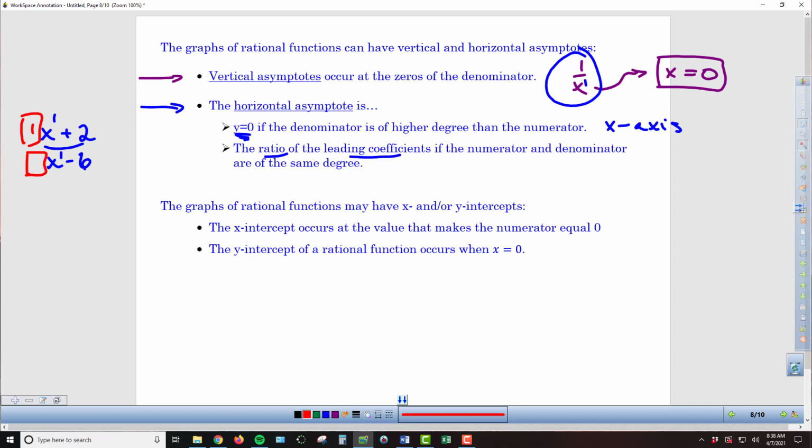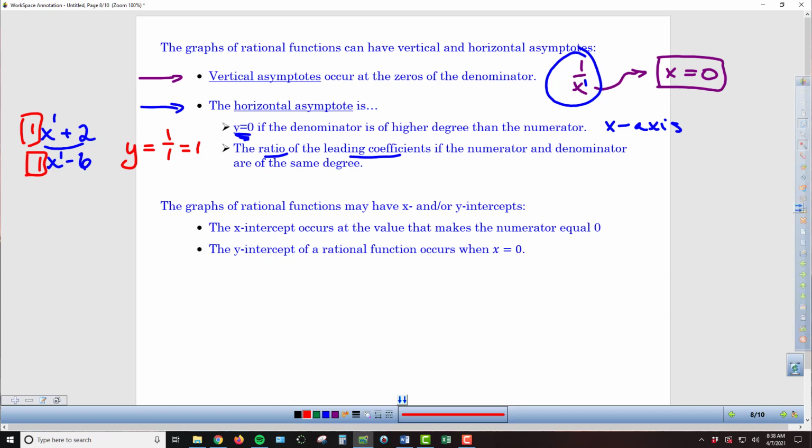So in this case, the coefficient in front of the x's is 1 both times, so therefore our horizontal asymptote would be y equals 1 over 1, which would just be 1. So instead of having the horizontal asymptote running along the x-axis, it would be at y equals 1, just 1 unit up.